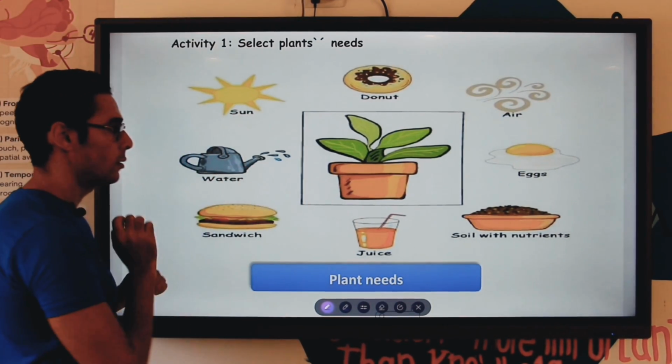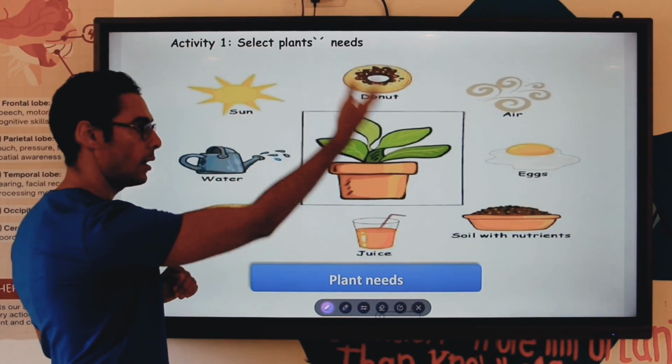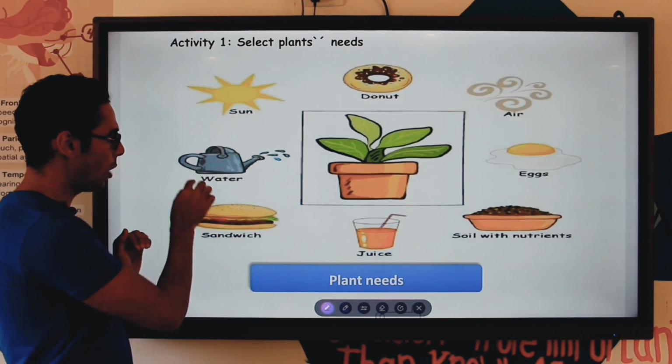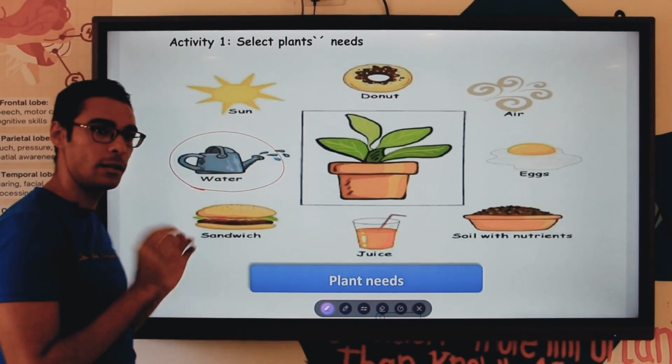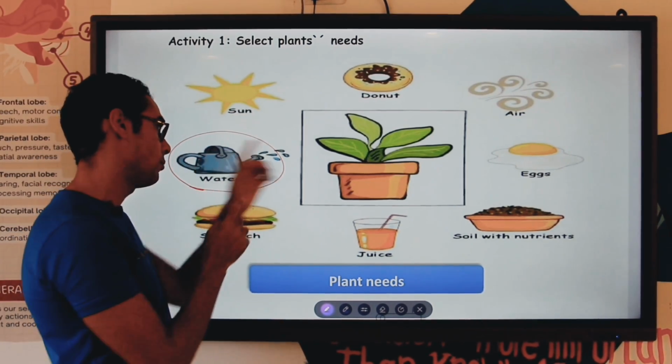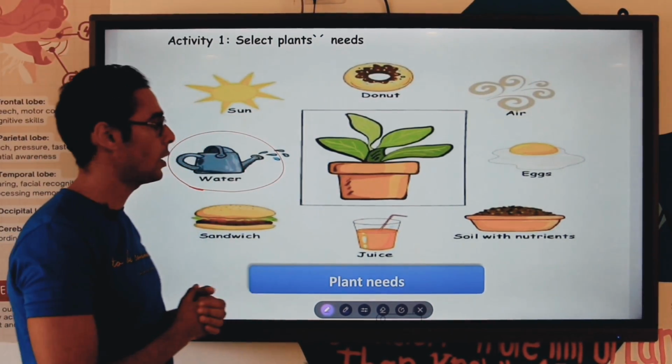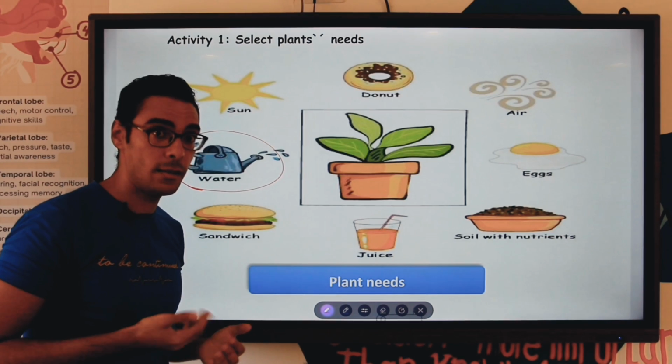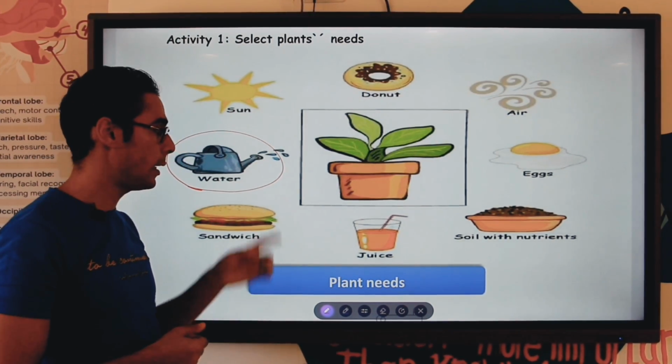Okay, I guess if the plant needs anything here, it could be the water, mainly. That's the first thing we have to think about. Water, because it's a living organism. Okay, what else do you think the plant needs?